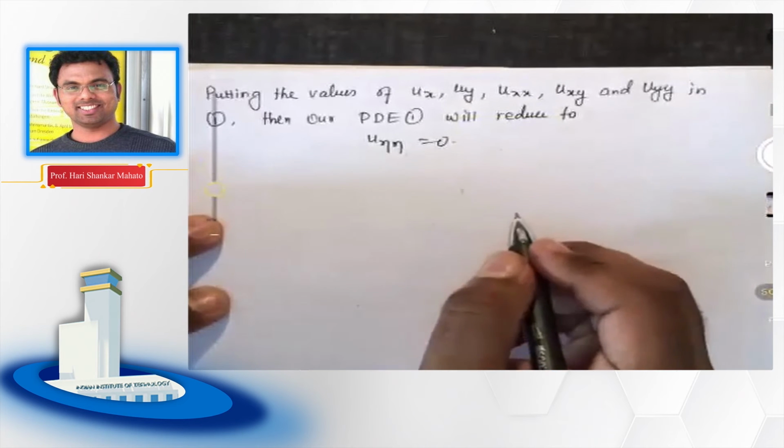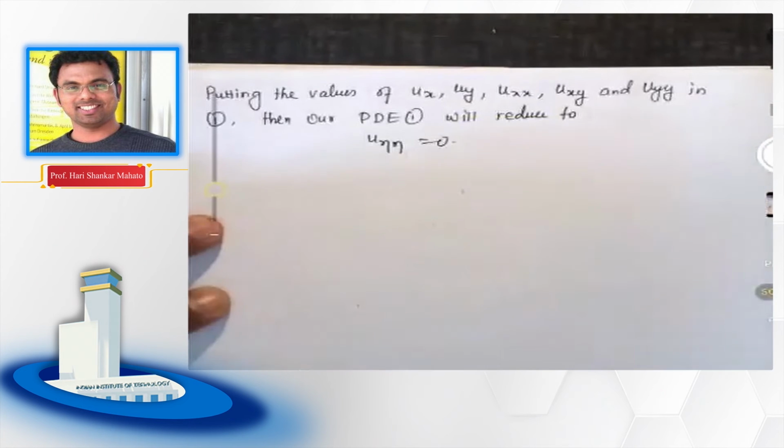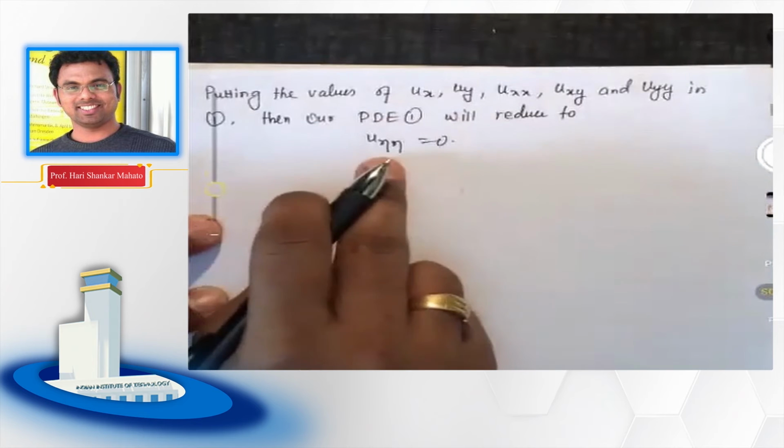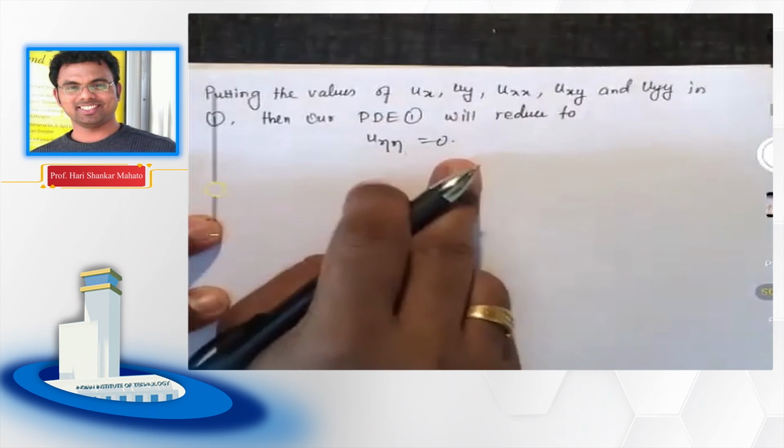See, they are getting into a simpler form. That was the message, that via canonical form, we try to reduce it into a simpler form. So this is like a simple form. So u eta eta equals 0.